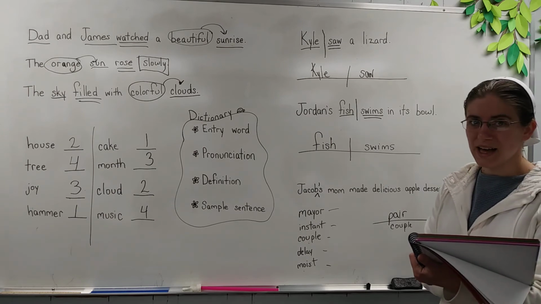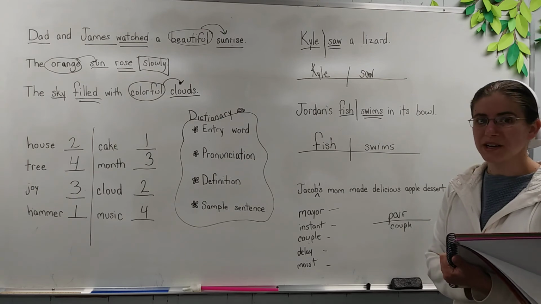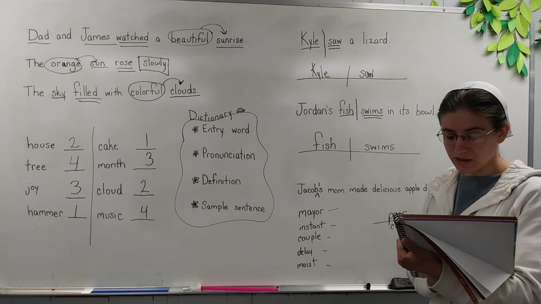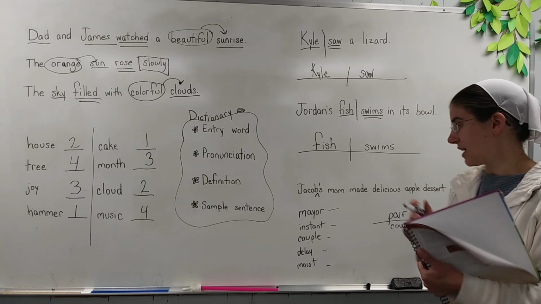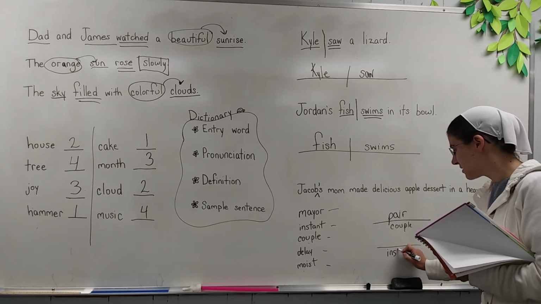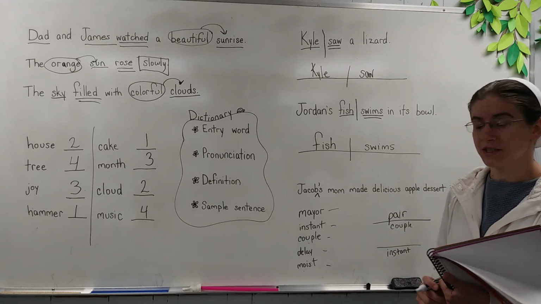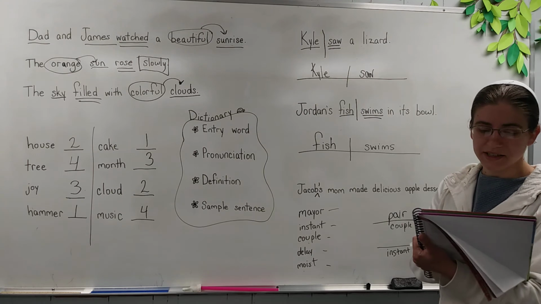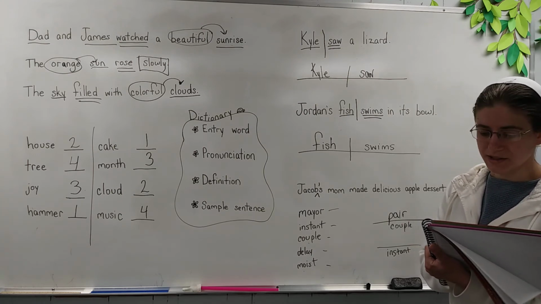All right, and the last sentence. We're going to write another synonym. Olivia was so hungry that her lunch was gone in a... They have the blank. Under it says instant. What is a synonym for instant? Look back up at your entry words and find instant. And look at the end and it has some synonyms.